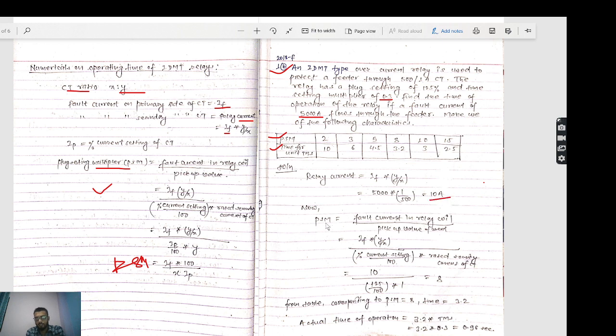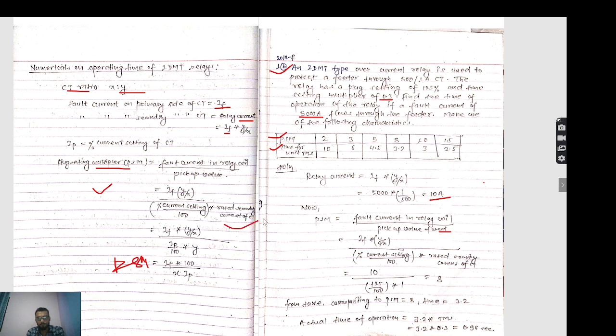Similarly, to calculate the PSM we have the formula: fault current in relay coil upon pickup value of current. That is IF into y upon x upon percentage current setting upon 100 into rated secondary current of CT, as I discussed previously.